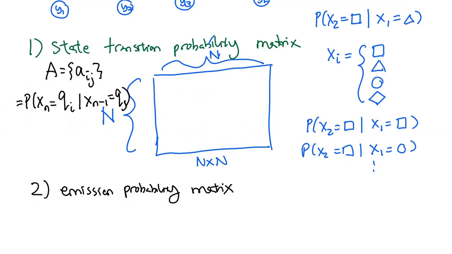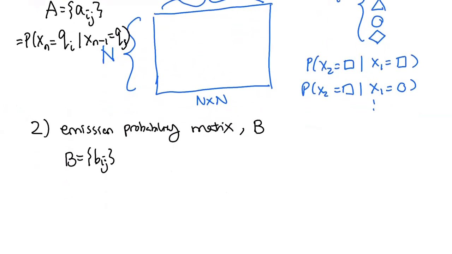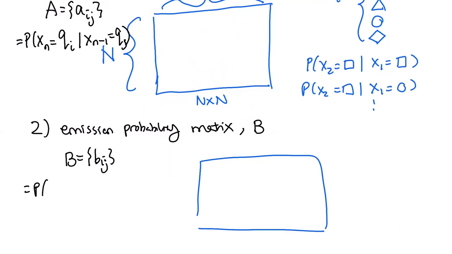So the emission probability, we denote this with a matrix B. So it's Bij, right? So it's also a matrix. And Bik here is the probability that Yn is some state Vk, given that Xn is equal to some state Qi.